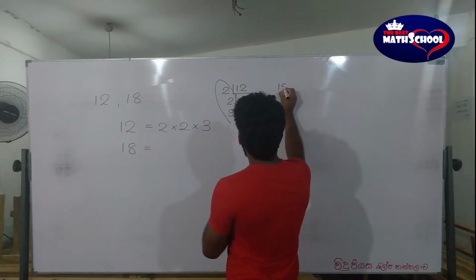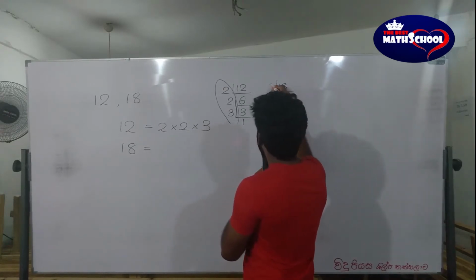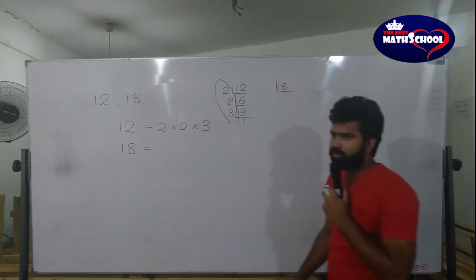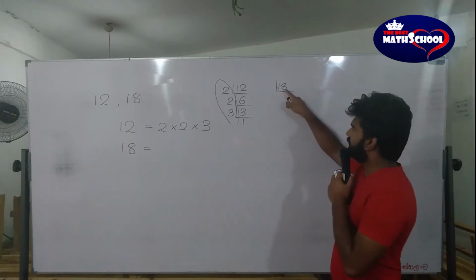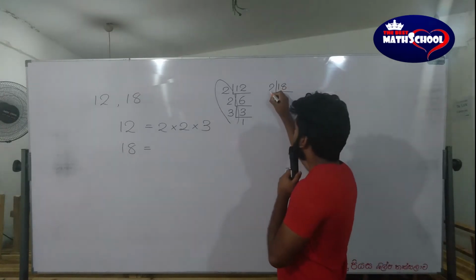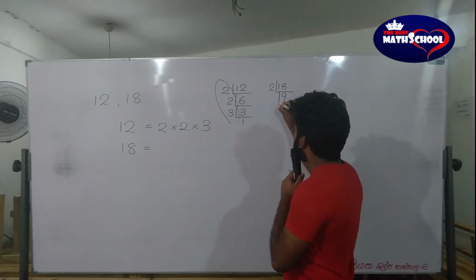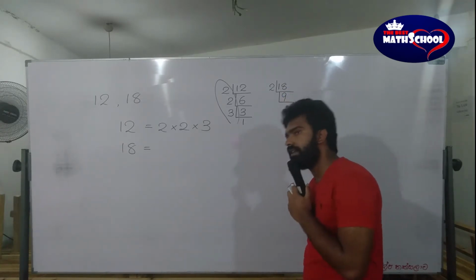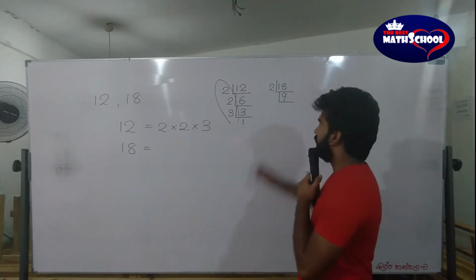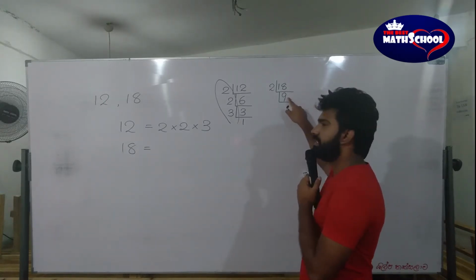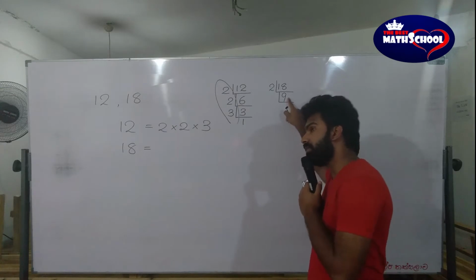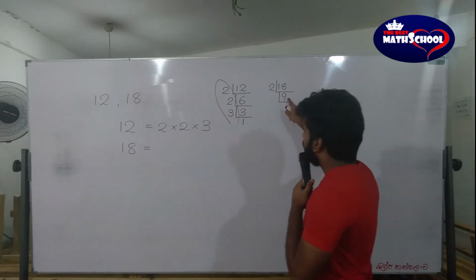If I take 18, again start dividing by 2. Is it divisible? Yes, it's divisible. The last number is an even number, so that is divisible by 2. Divide by 2, then it will be 9. 9 again, divide by 2. Can we divide 9 by 2? No. The last digit, that means 9, is an odd number, so we can't divide it by 2.